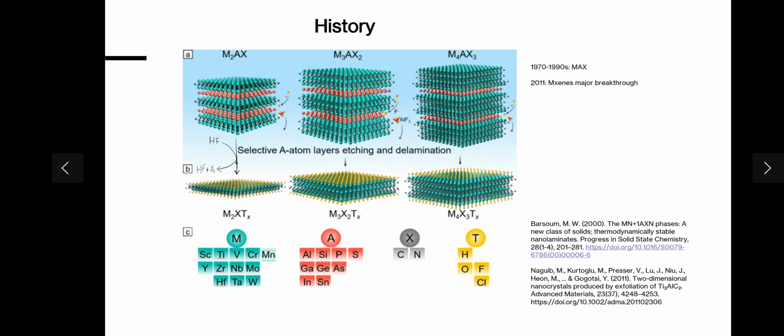The A layers would be pretty much any element from group 3A and 4A. That could be either boron, maybe aluminum, maybe germanium, maybe lead. Any of those elements could become part of the MAX phases. Again, the MAX phases will be precursors to the MXenes.